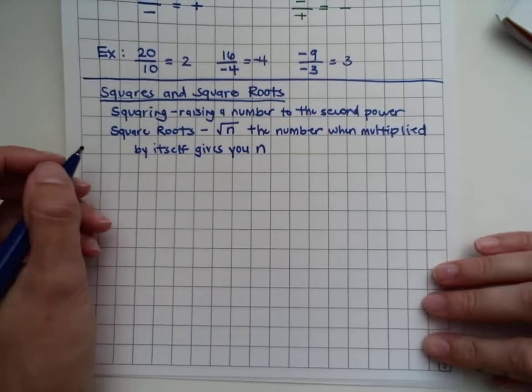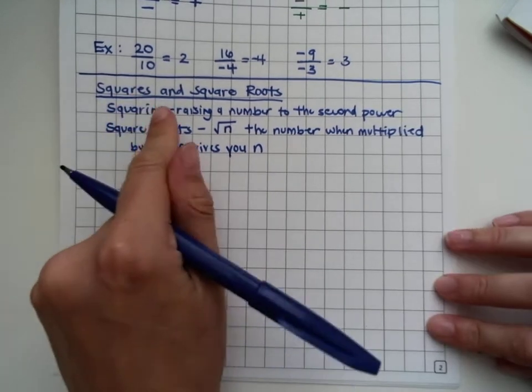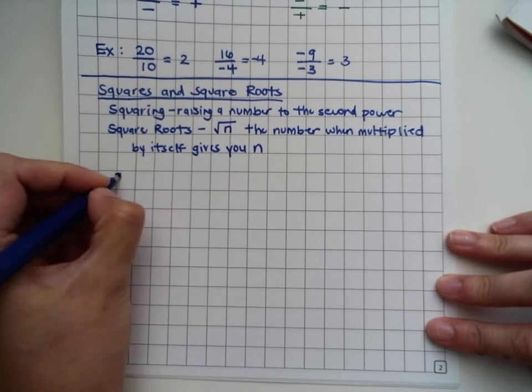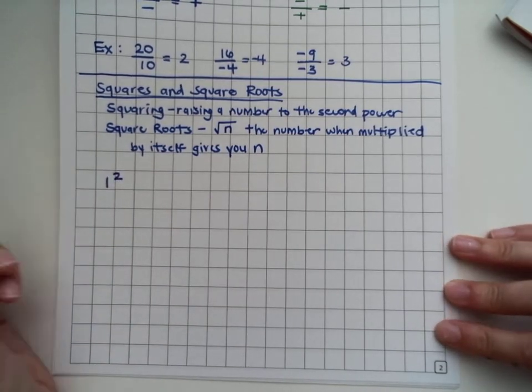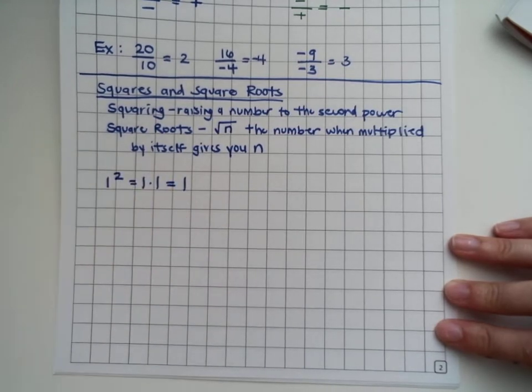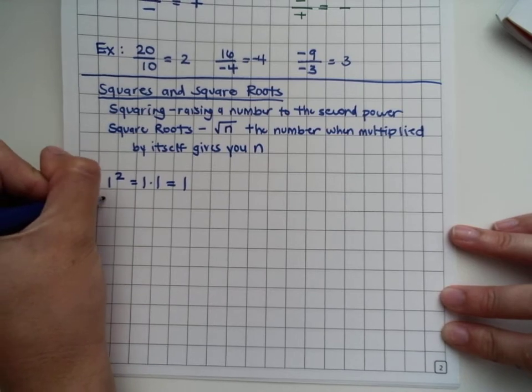Okay, so perfect squares are just the numbers squared, like we said, raising that number to the second power. So perfect squares are the number 1 squared, which is 1 times 1, which gives us 1. After 1 comes 2.